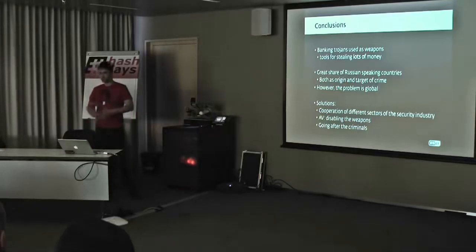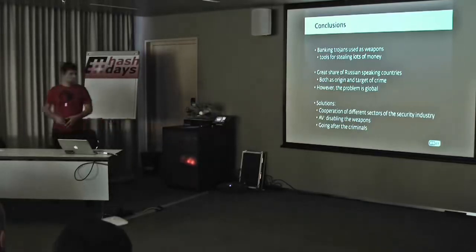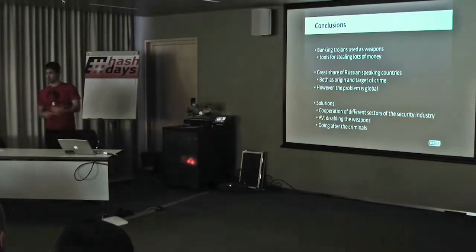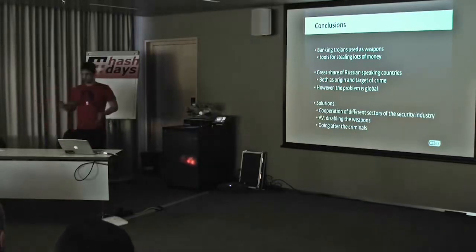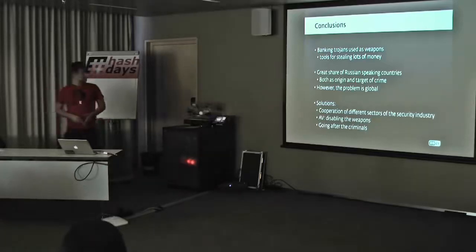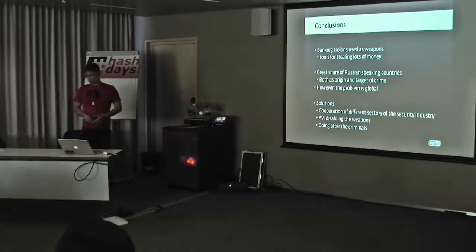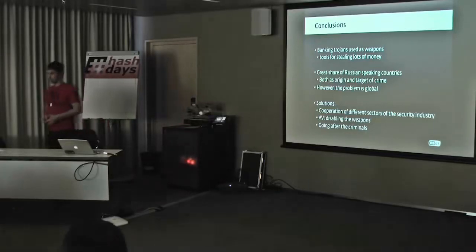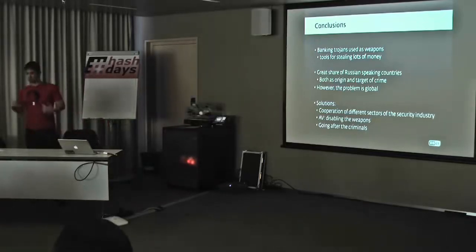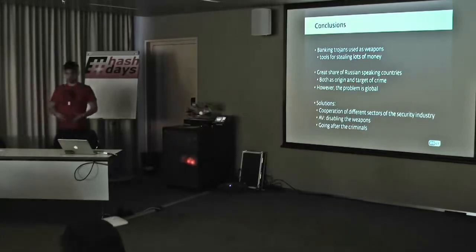Different companies do this communication all the time, but also different sectors of the security industry, such as AV companies, law enforcement, banks, etc. So while a good antivirus can be thought of as a bulletproof vest, the real solution will be to stop the person shooting.